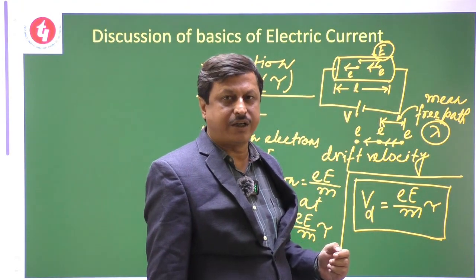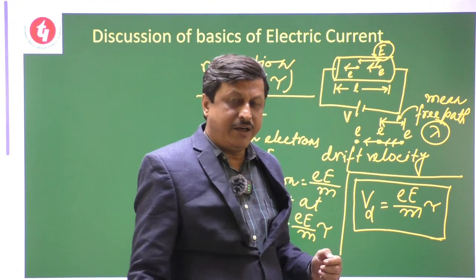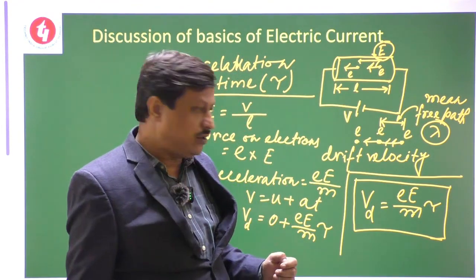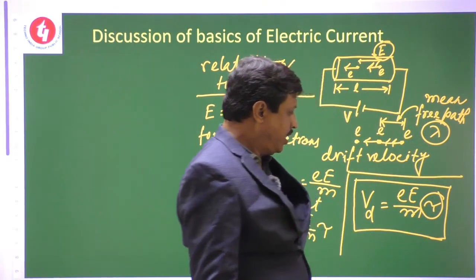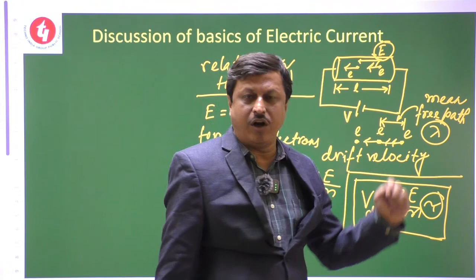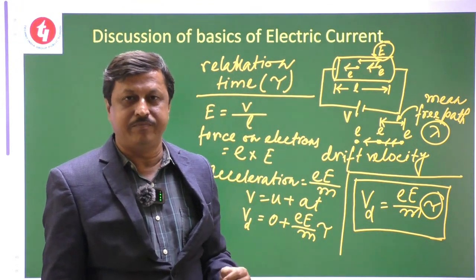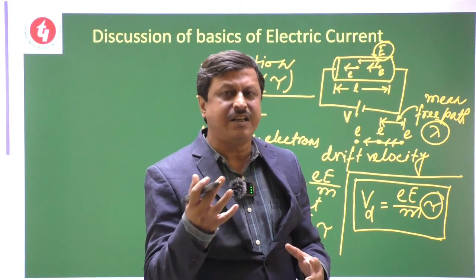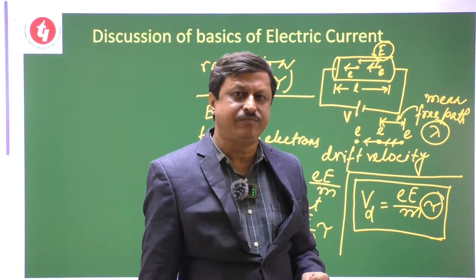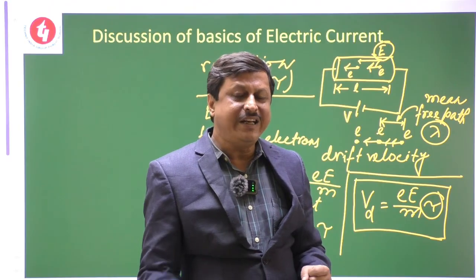Drift velocity depends on the electric field, or the potential difference between the two terminals of the conducting wire, and also on tau, the relaxation time. And on which factor does relaxation time depend?